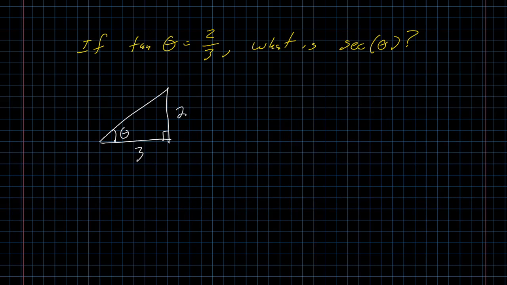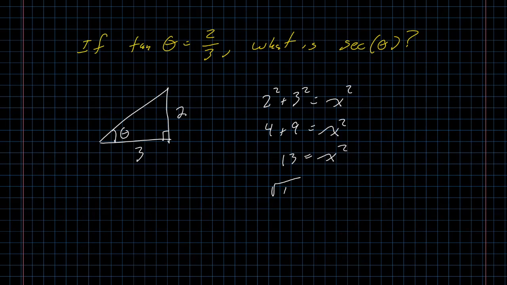And again, using the Pythagorean theorem, I get that the third side of this triangle has a length square root of 13.